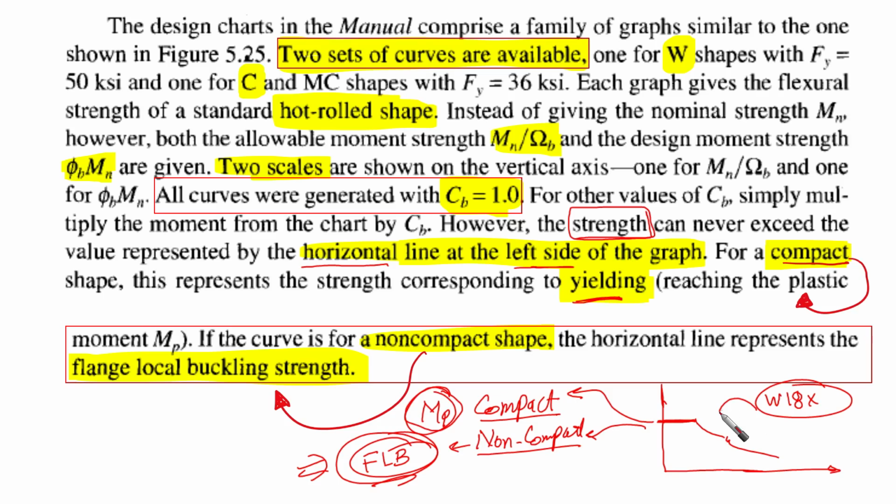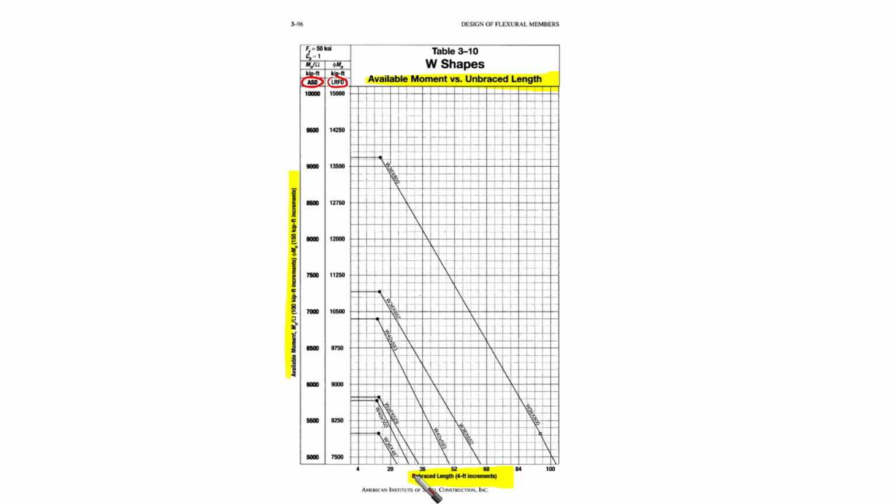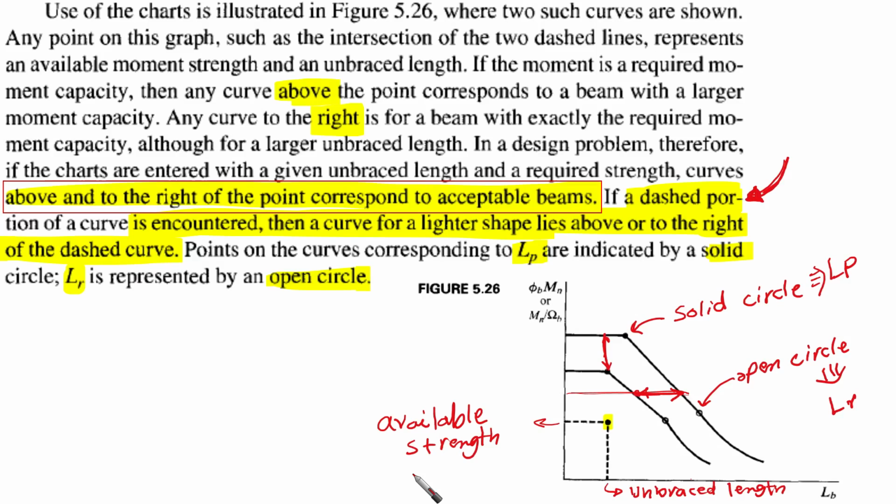Then whenever you enter the curves and the charts, you need to keep in mind that if this shape is compact, the maximum horizontal line here is going to be Mp, or if this shape is non-compact, we are going to use flange local buckling. I'm going to show this in detail in the next example.